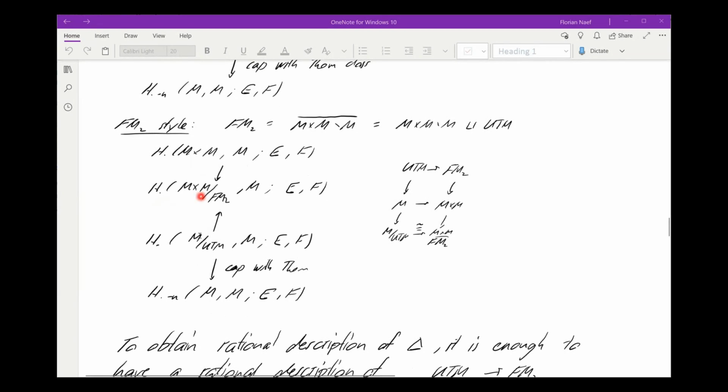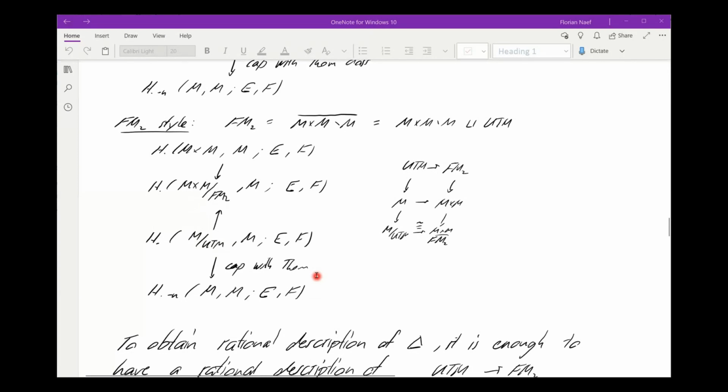Now excision allows us to identify this quotient, which is kind of M times M minus M where you glue in the unit tangent bundle. But now we throw away everything again, so it's just the quotient of M and the unit tangent bundle. If you take the cone of that, that's again just the Thom space. And then the last step is again capping by the Thom class.